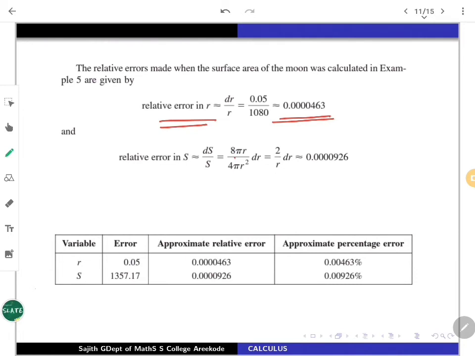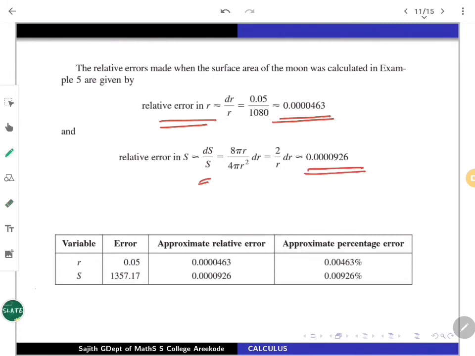And if you are interested in the error in S, dS out of S, which means 8 pi r dr divided by 4 pi r square, simplification gives 2 dr by r. Substitute the values and you will be getting this one.